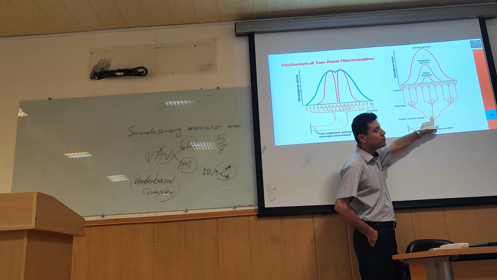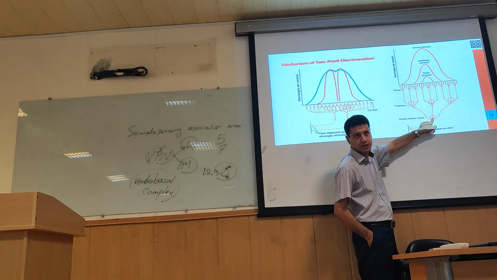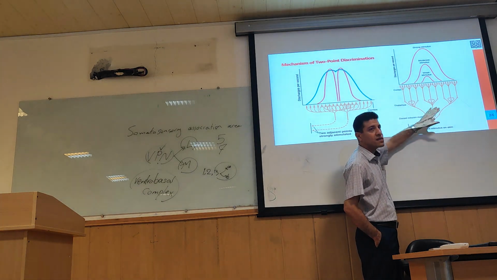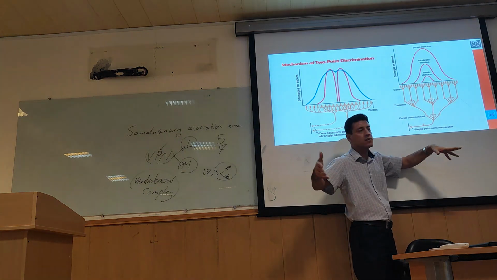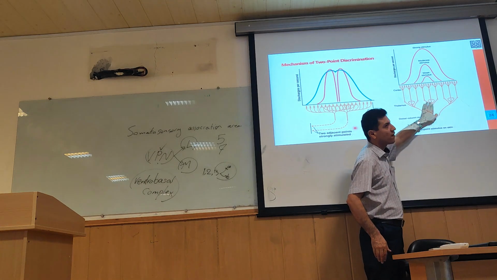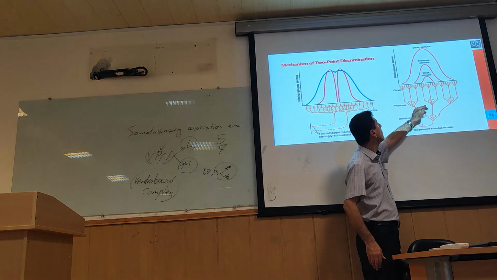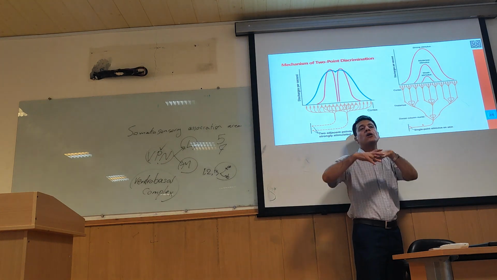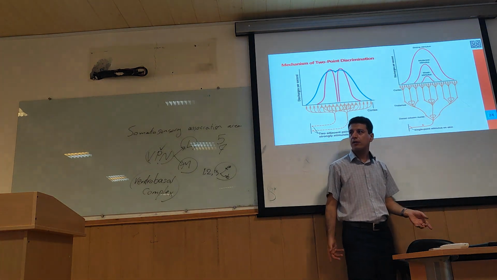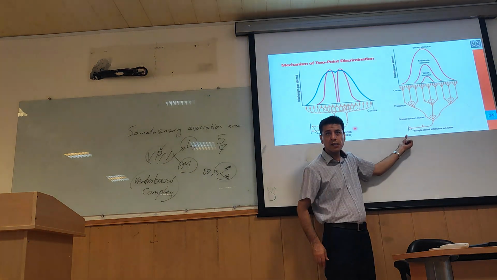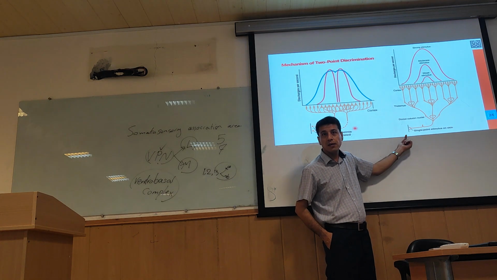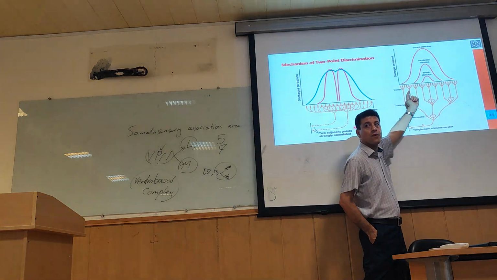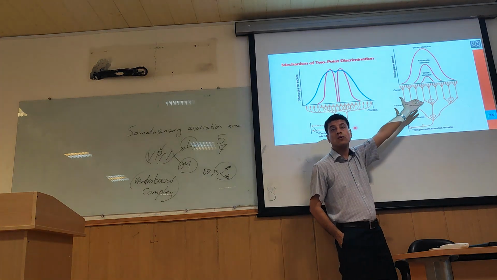So from the dorsal column nuclei, gracile or cuneate, right? Fibers go to the thalamus, VPL. In the thalamus, again, we have divergence. So a lot of thalamocortical neurons are activated. They go to the cortex, and in the cortex, they activate a larger population of neurons. So, one single receptor in the skin sends the information to a very large number of neurons in the cortex.